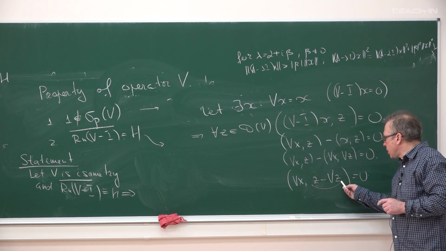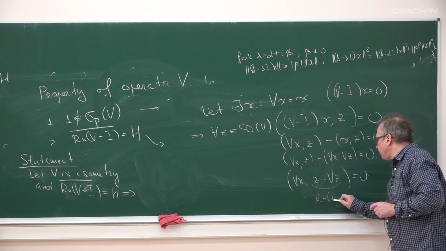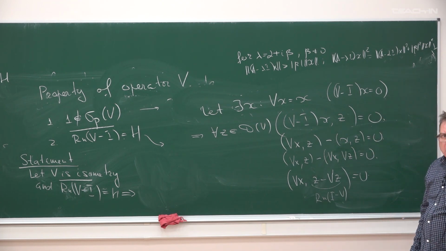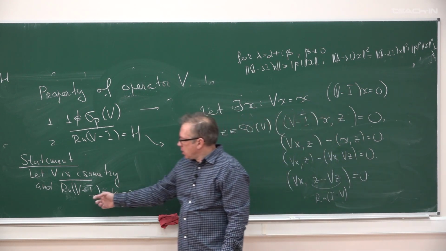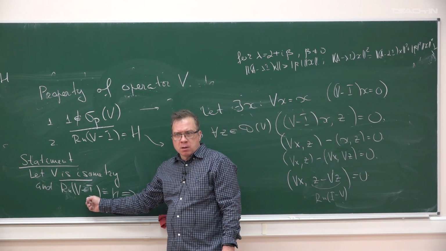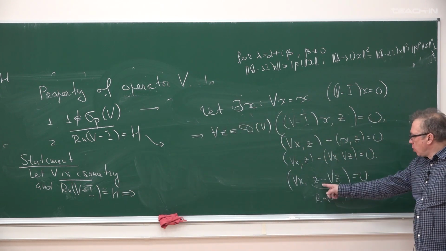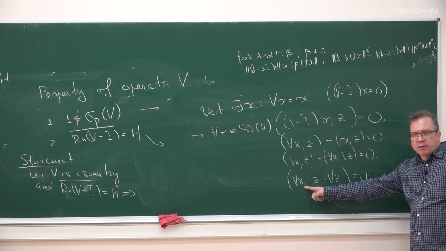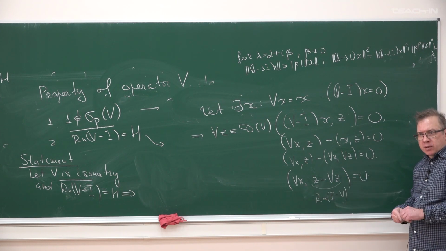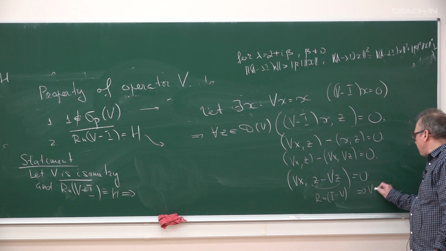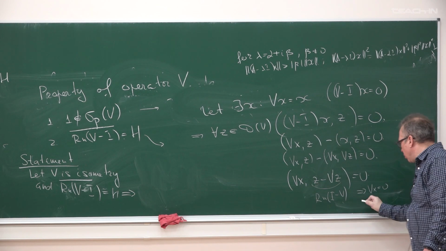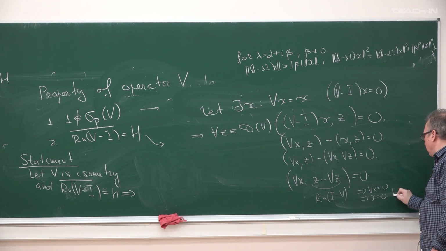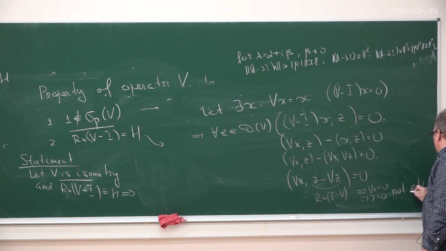And this is, up to the sign, the range of the operator identity minus V, when we take arbitrary z from the domain. But we know that this range is dense. And we have a vector orthogonal to a dense set. What can you say about the vector x? It is 0. But we have this identity. Contradiction. So x is 0, it is not an eigenvector.